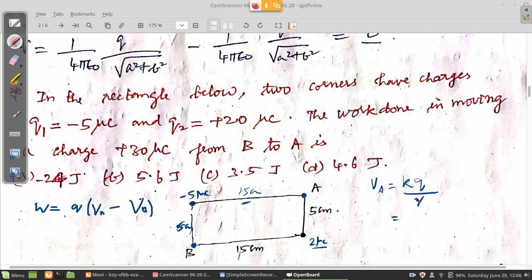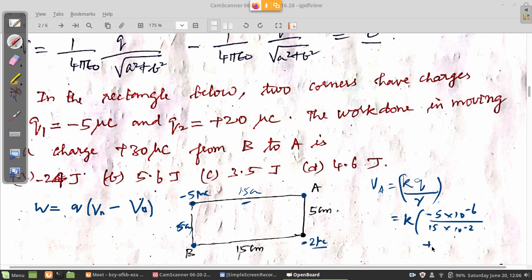So what you will do? K common. So two terms will come here. For this you have to write two terms. So K is a common thing. Inside what you will write? -5 into 10 power minus 6. That is the charge. Divide by the distance. What is the distance here? 15. So you will write 15 into 10 power minus 2. Right? Next, for the same point A, there is another charge, the 2 microcoulomb charge.